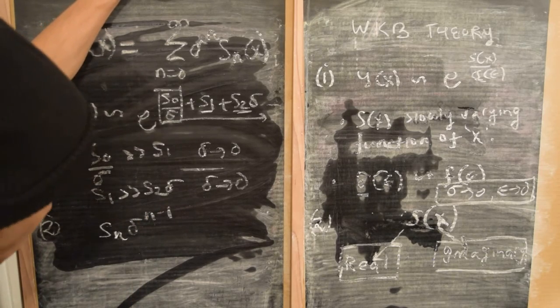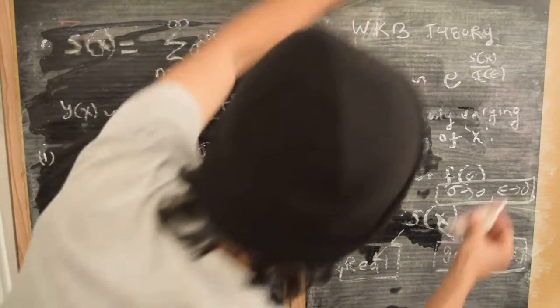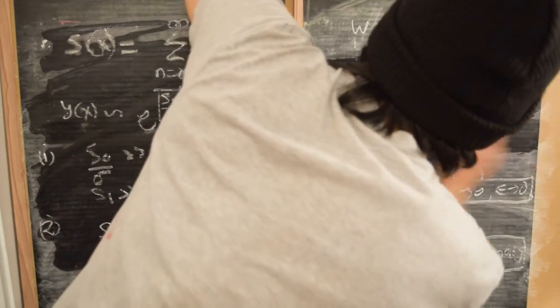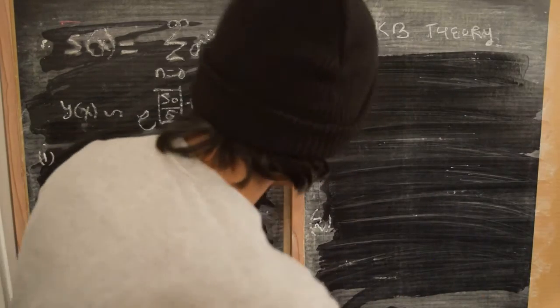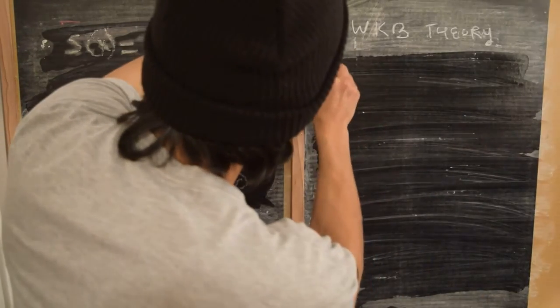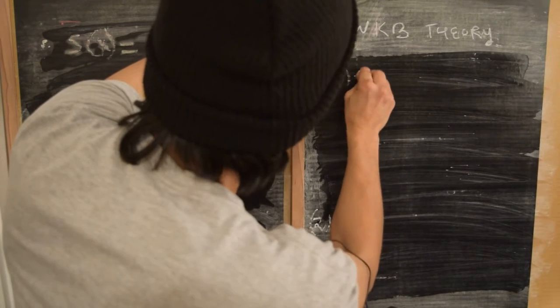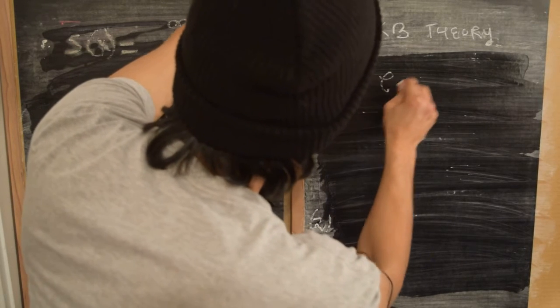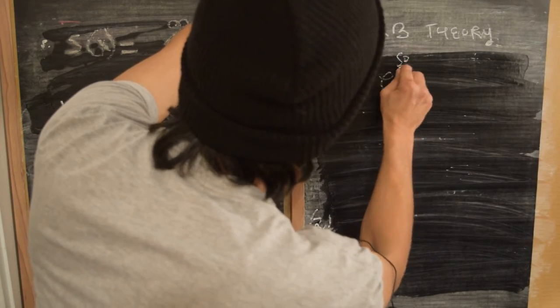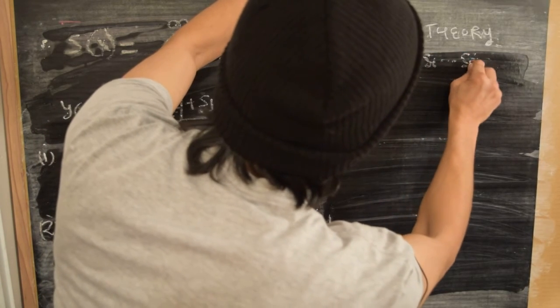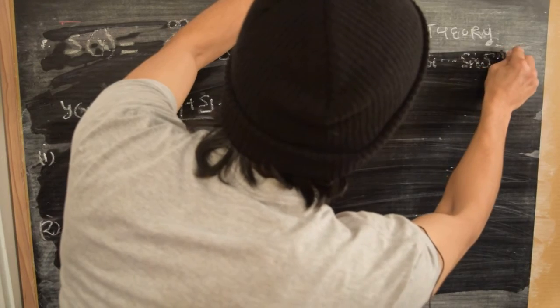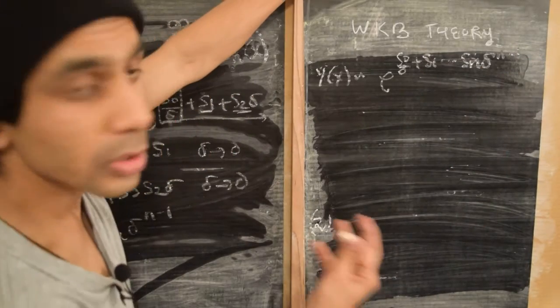So what this means is that we are making a series expansion of the form y(x) is e to the power of S naught divided by delta plus S1 dot dot dot S n delta to the power of n minus 1. Let's say we were to truncate it here.